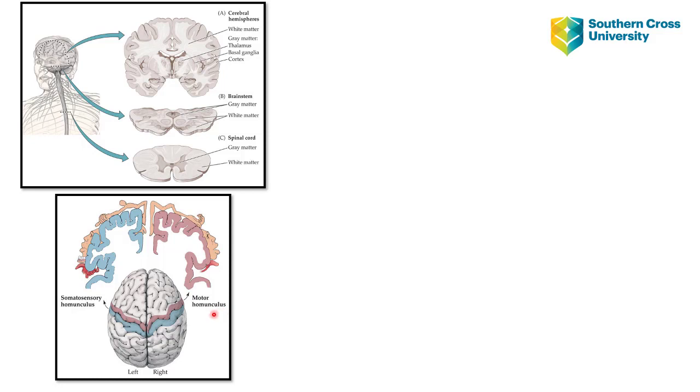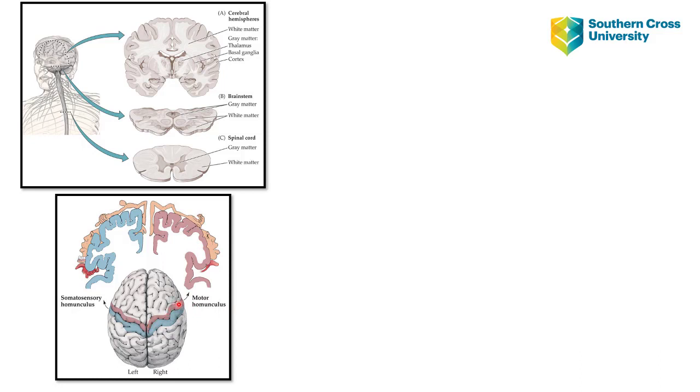Homunculus simply means little man. And the reason why we call it homunculus is because each location is a map of the human body across that surface in the cortex. So upper motor neurons or motor commands for the face come from this particular region, the hands from here, and so on. And so it's a map of a little man.